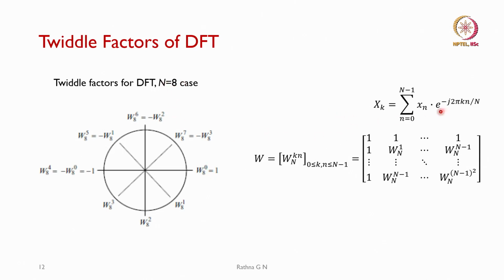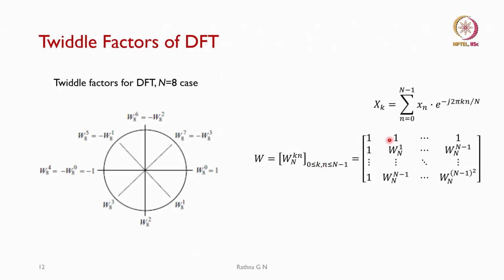So, the equation now again repeated for DFT, and then in terms of twiddle factors, W n k n, where 0 is less than or equal to k and n less than or equal to n minus 1, both k and n are in 0 to n minus 1. How can we write it in matrix form?